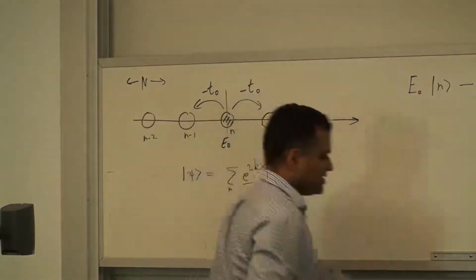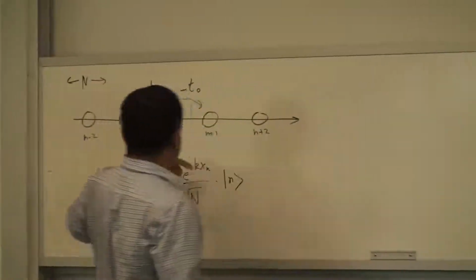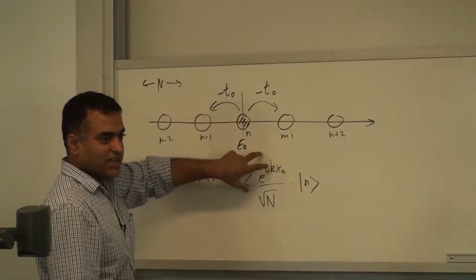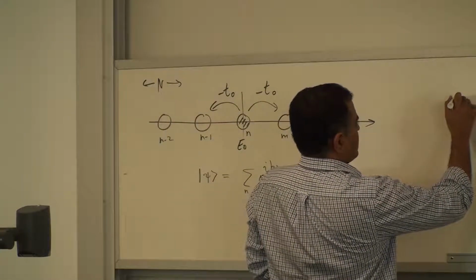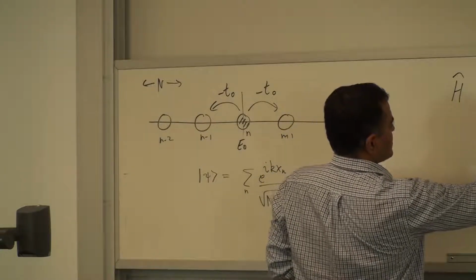So you see the on-site energy is E0 and the hopping energy is minus T0, right? And so your Hamiltonian is really H psi is equal to E psi, right?